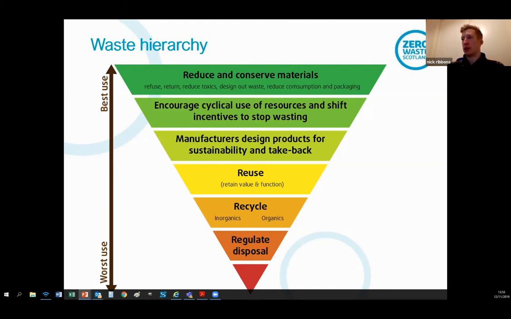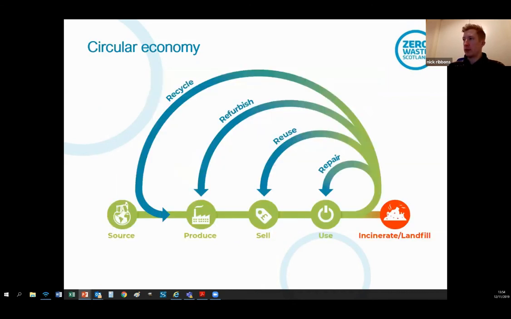We shouldn't really think of that. Recycling is great, and it's a part of the solution, but there are so many other things we could do before that. And again, it goes back to how we procure and how we design things. And that's the waste hierarchy from the European Waste Framework Directive.